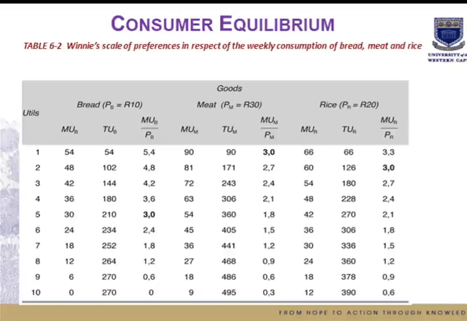However, if she consumes 10 units of bread, 10 units of meat, and 10 units of rice, her total utility will be equal to 1155 utils, which is the total maximum satisfaction that she can obtain from consuming the three goods.